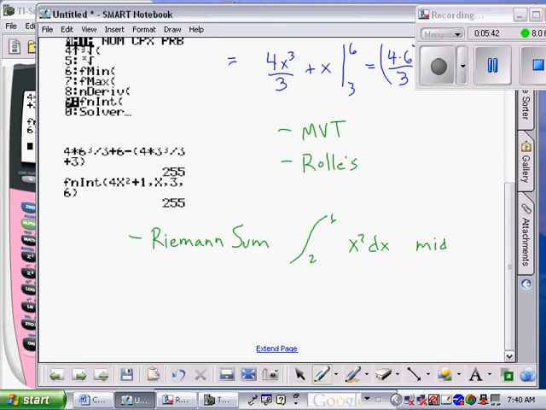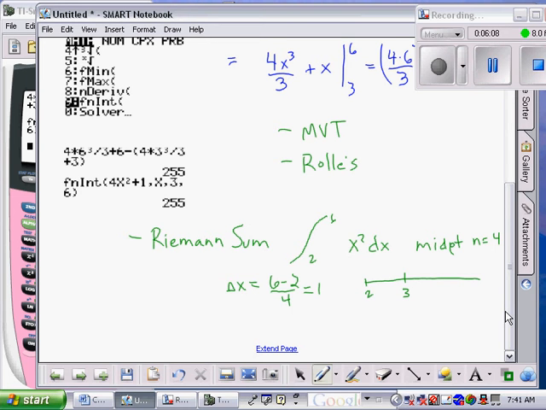And you want to do a midpoint, and let's say n equals 4. So I find my delta x. 6 minus 2 over 4 is actually 1.